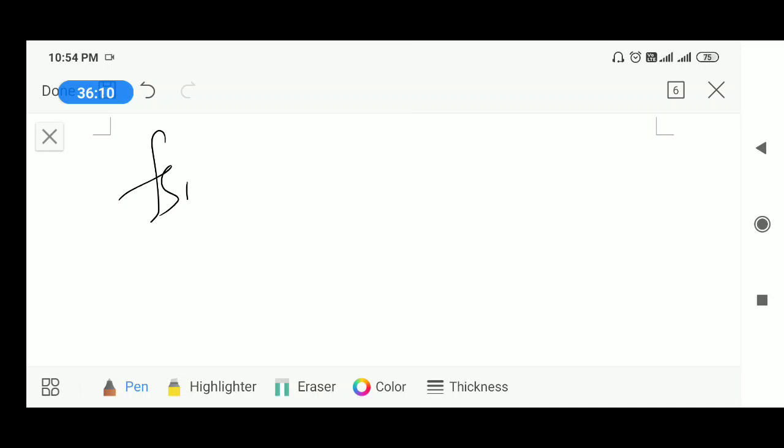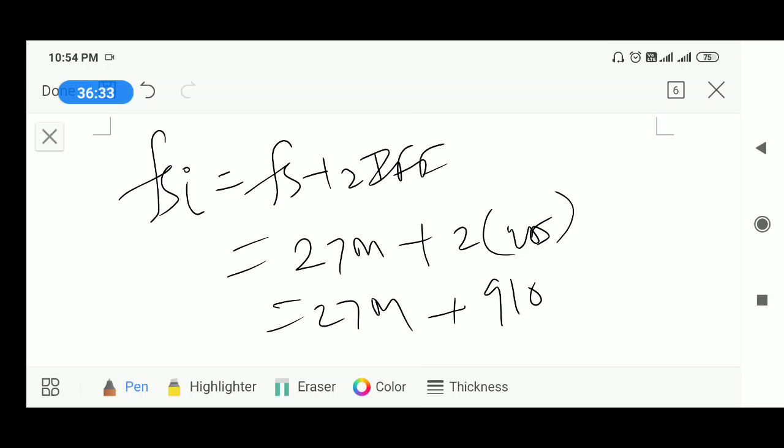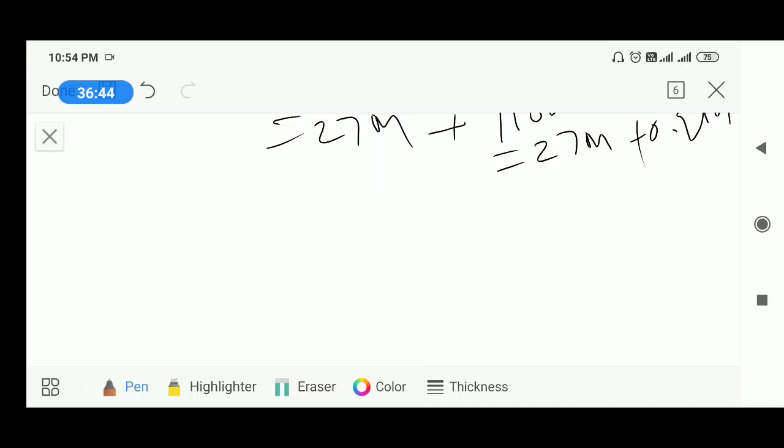Fsi is equal to Fs plus 2 IF, that is 2 into 455, which is 910 kHz, or 0.91 MHz. Finally Fsi is equal to 50.91 MHz.